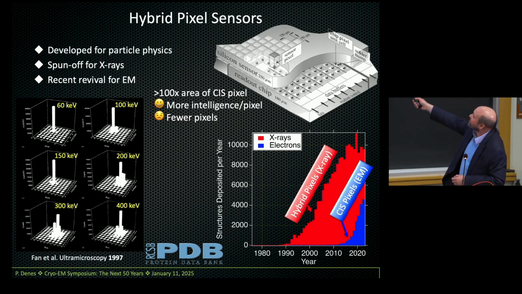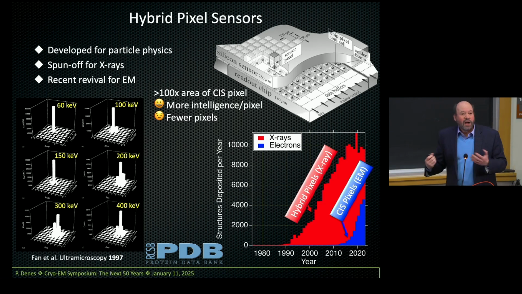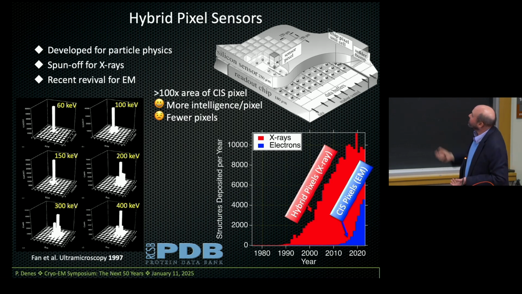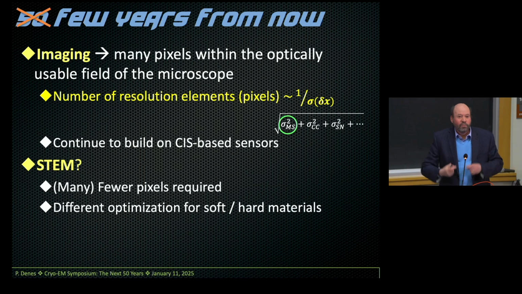This kink in the slope, we've seen this picture now in many different forms. So the kink in the X-ray slope comes from when hybrid pixel sensors for X-rays start to become available. And as well, the slope, not even the kink, comes from the CMOS image sensor pixels becoming available. So what's going to happen a few years from now?